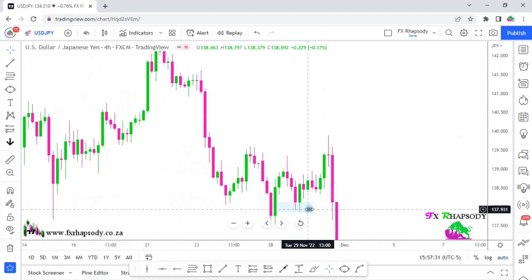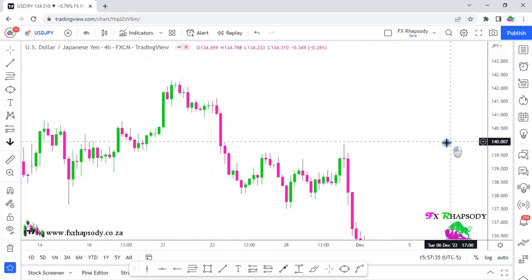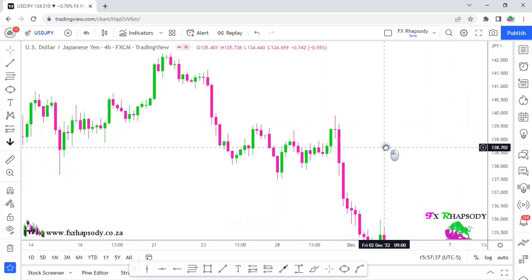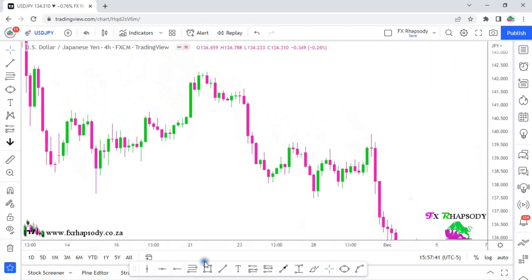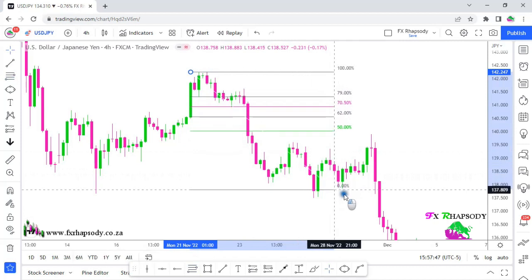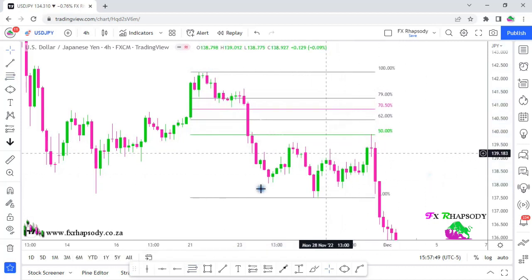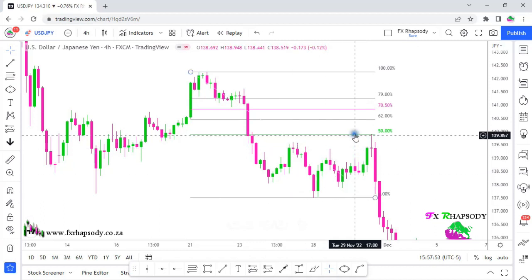There were no opportunities to hit that sell, that big movement downwards. If you take your swing high, swing low, price didn't retrace back to the 62% area. Okay, there's no entry over there.